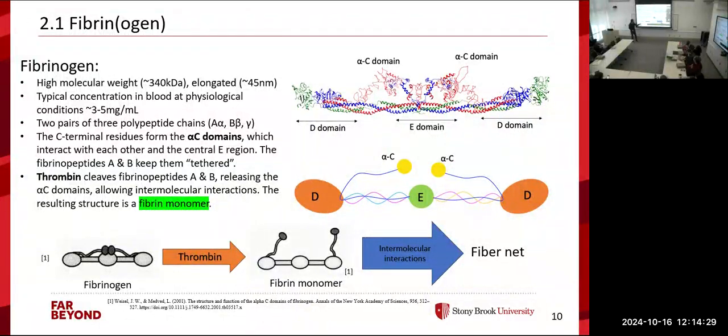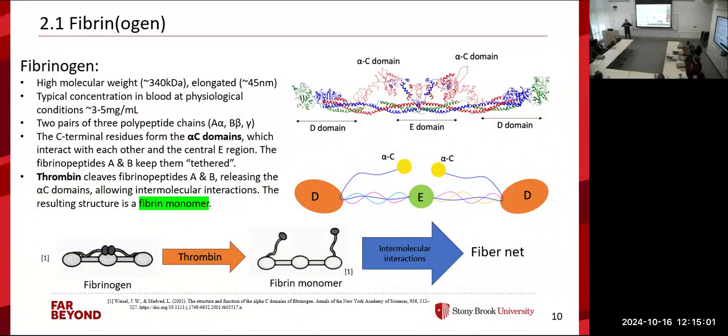So at first the molecule looks like this. Let's say what happens in our body. The protein starts in this form. And suppose you have an injury or you're having a stroke. What can happen is that thrombin, which is an enzyme, goes here in the E region and releases these alpha C domains.